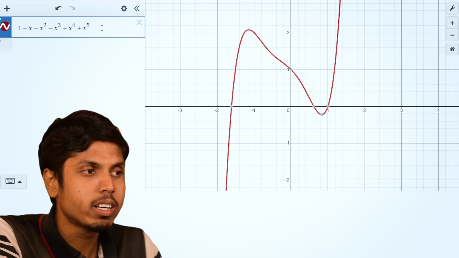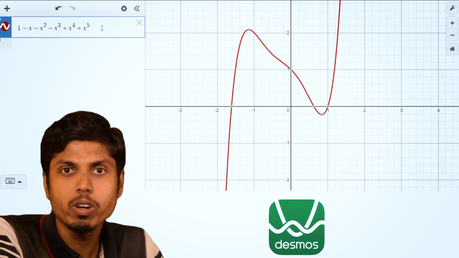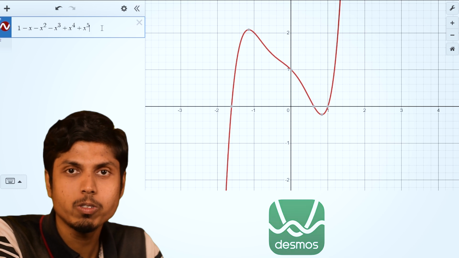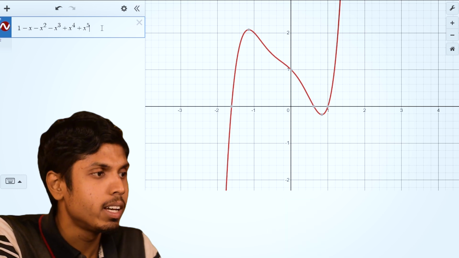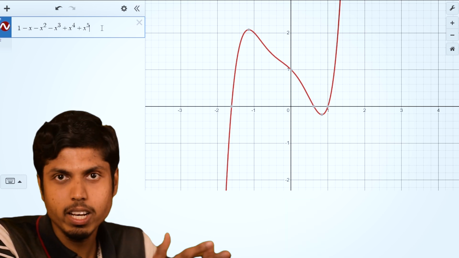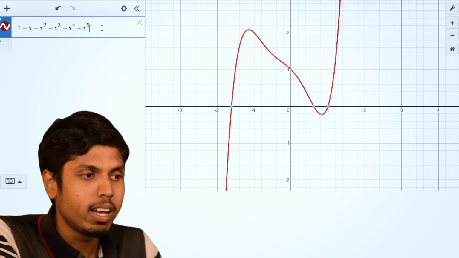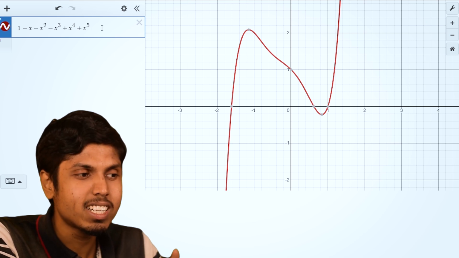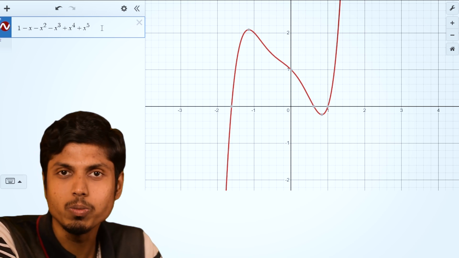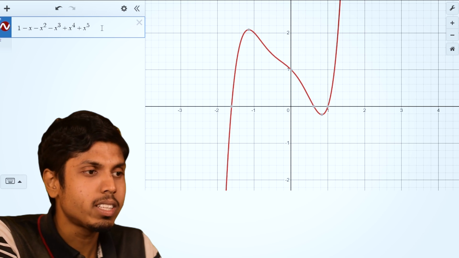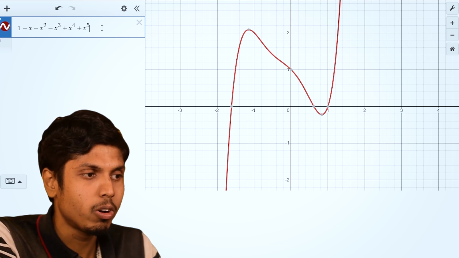And we are using Desmos, which is a graphing calculator online for free. You may also try to plot this yourself. And the plot of which is available on the right side. And you can see that the roots are between -2 and 2. So this is evident for this polynomial.